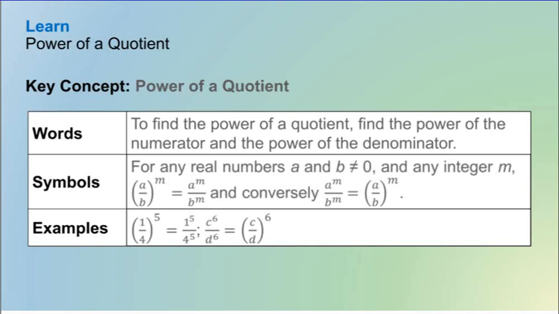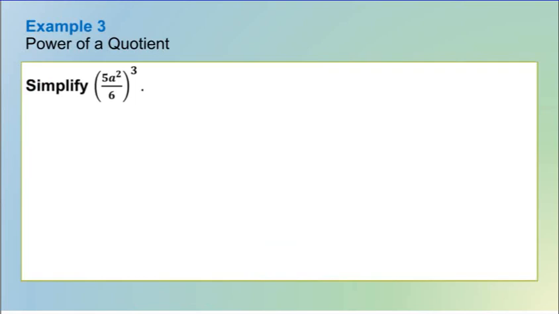So here's an example, 1/4 raised to the 5th power. You raise 1 to the 5th power, 4 to the 5th power, and that will give you 1 over 4 to the 5th power, which would give us 1024. So it really would equal 1 over 1024.